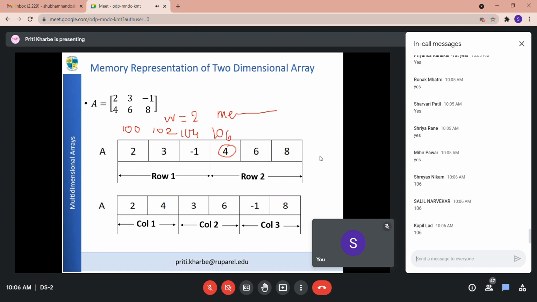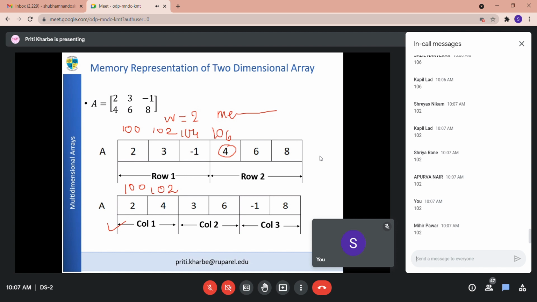But if I use the column major pattern, then with the same base address and W, what will be the address of 4? 102. Are you getting the difference? When the matrix is stored in row major, the address of element 4 was 106, but in column major the address of element 4 is 102.